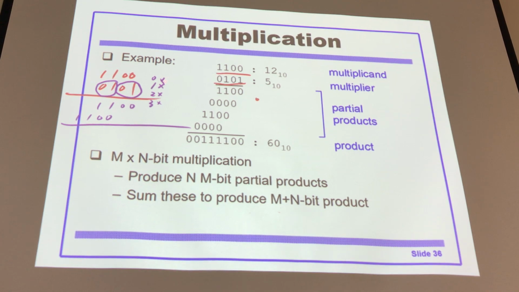0 should be easy, just 0. 1, easy, just copy the multiplicand, right? 2, easy again, just shift left by 1 bit position, adding another 0 at the end.